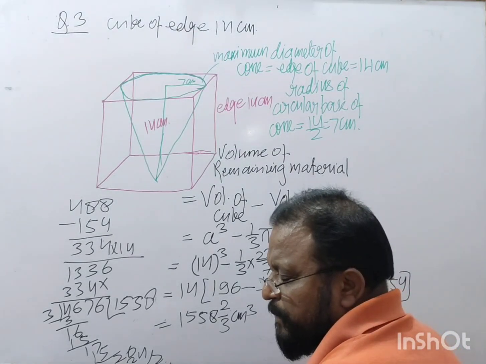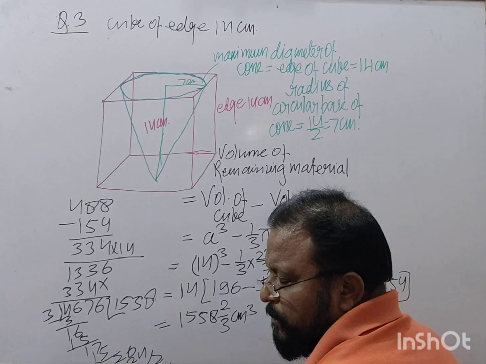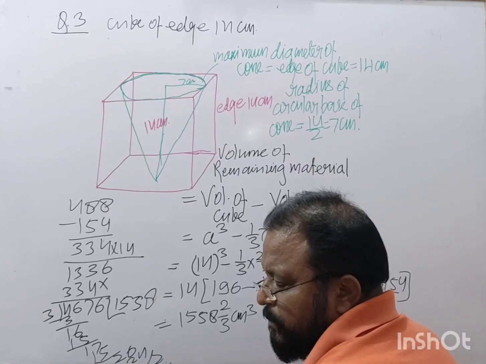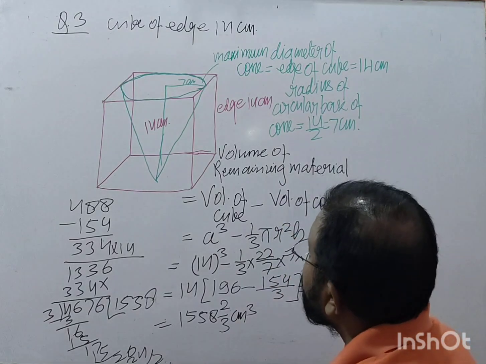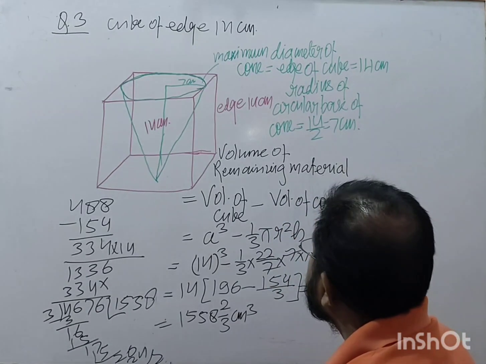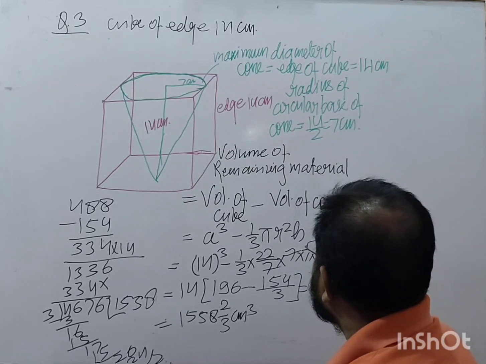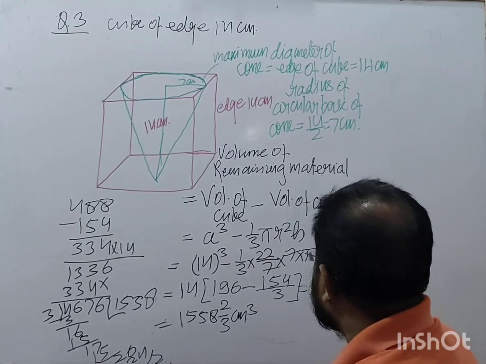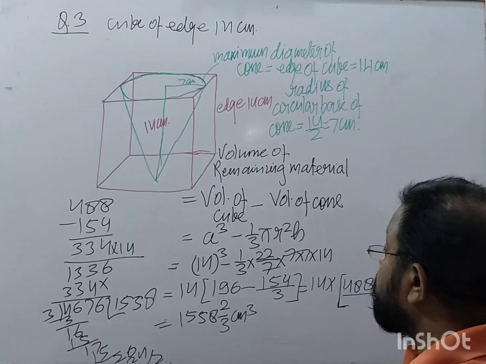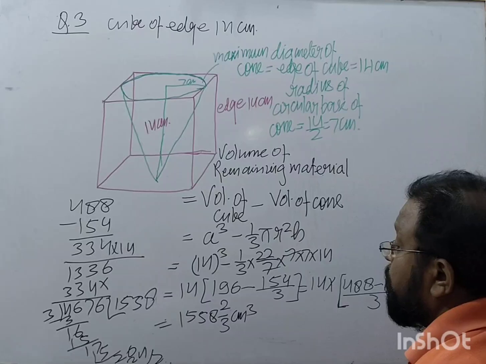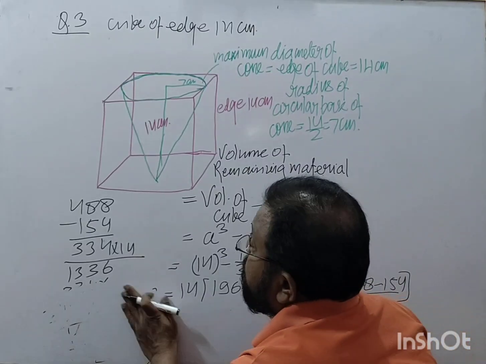What is your question, by the way? From a cube of edge 14 centimeter, a cone of maximum size is carved out. Find the volume of the remaining material. Whole calculation goes wrong.